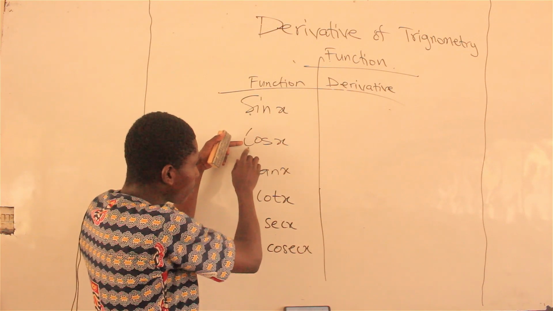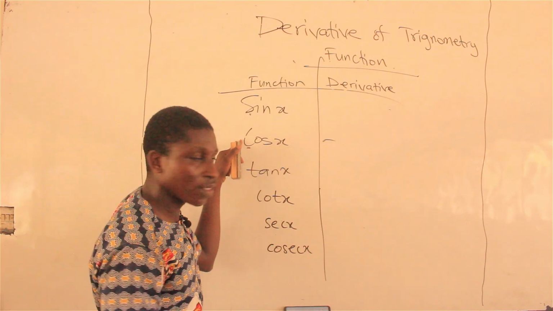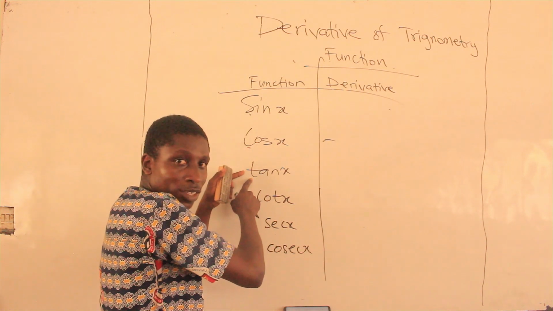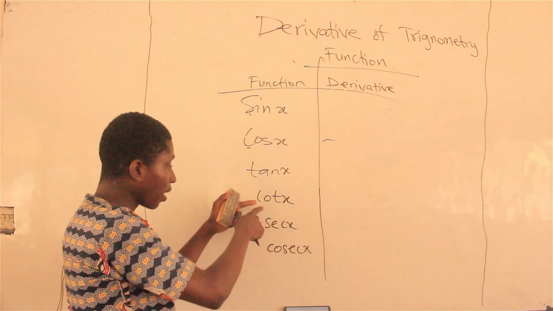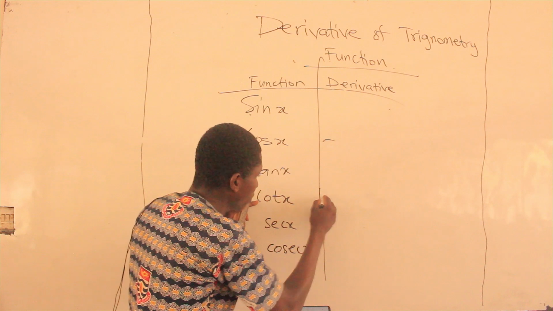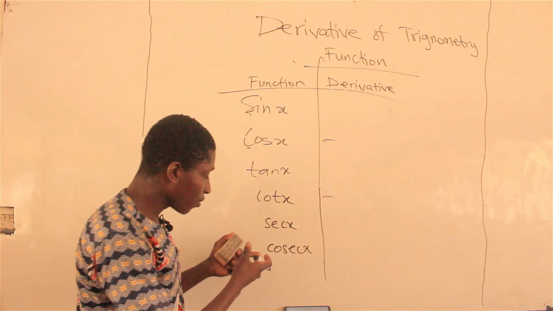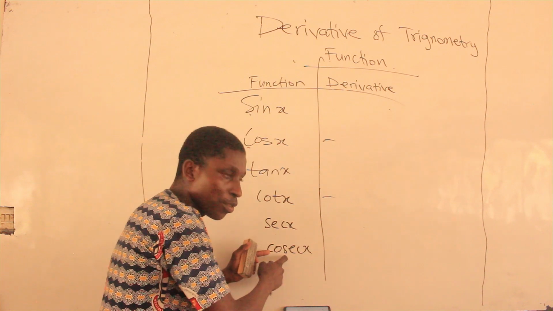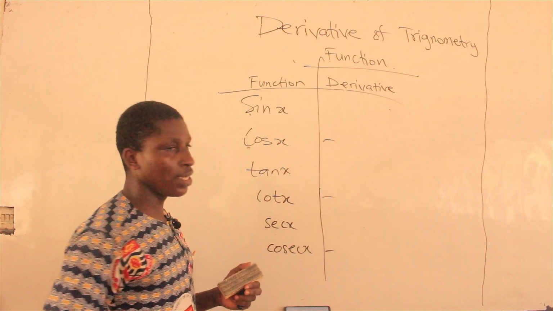Cos starts with c, so I have to negate the derivative. Tan does not start with c. Cot starts with c, so that derivative will be negative. Can you tell me the other one that starts with c? Very good, cosec. Cosec starts with c, so we negate the derivative.